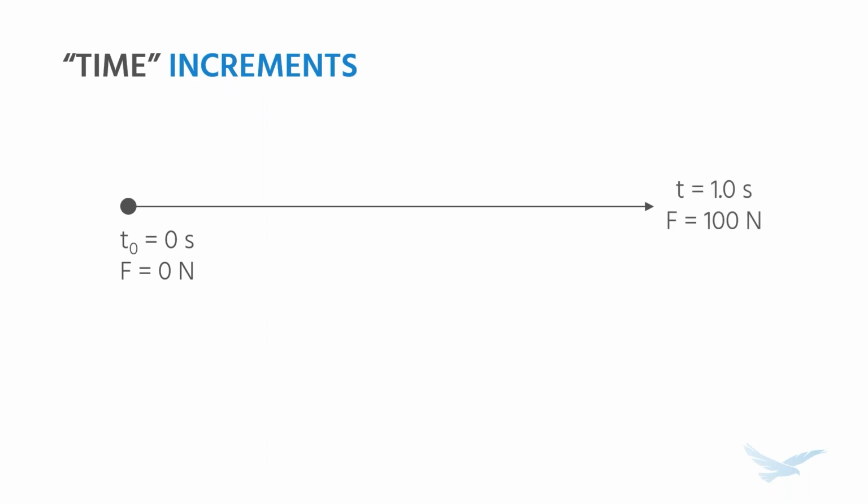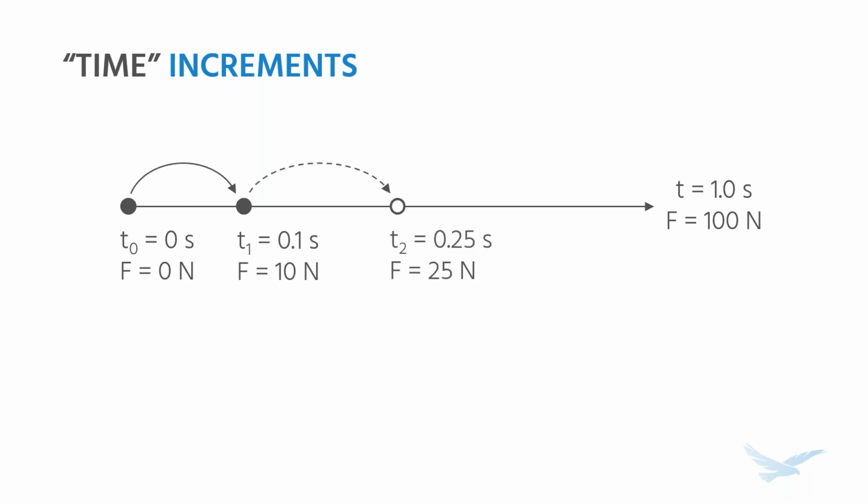Now, a little bit of review on how this time incrementation works. If we have some problem, we start at time 0 at the beginning, and we want to get to the end. In a linear analysis, we simply apply the entire load. But in a nonlinear analysis, we apply part of the load. And then we apply more, and then more of the load and more until we get to that final result.